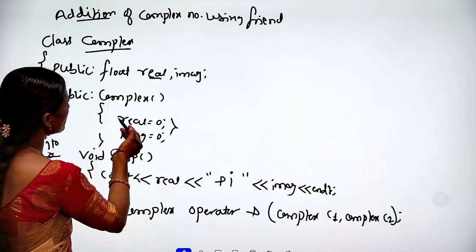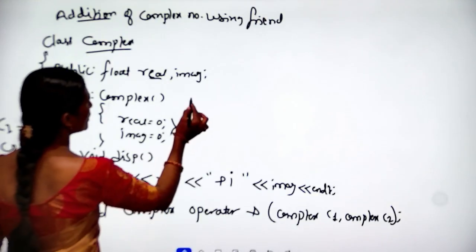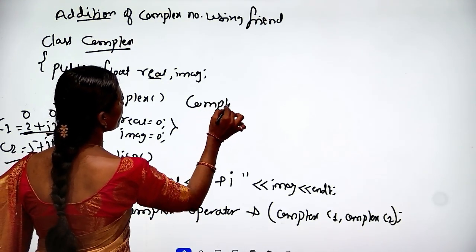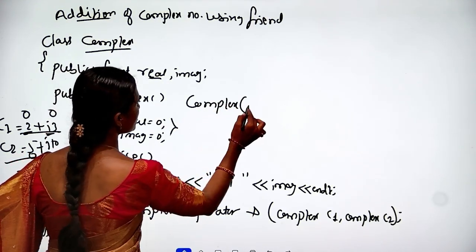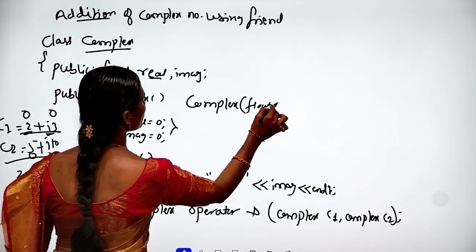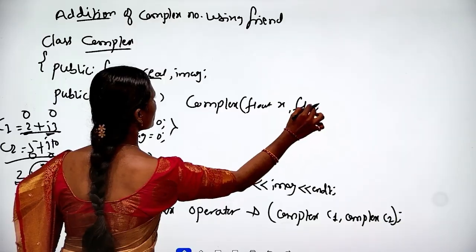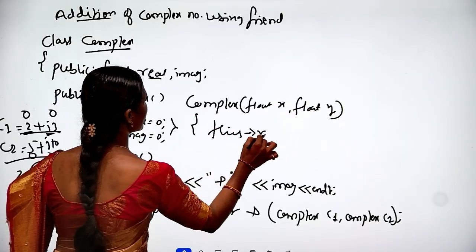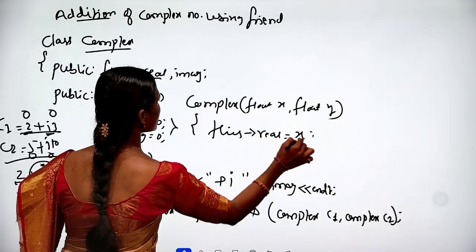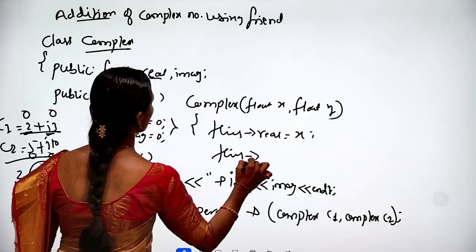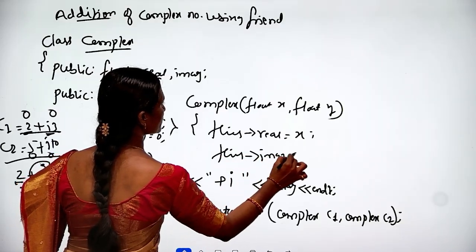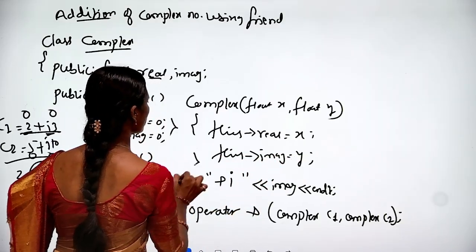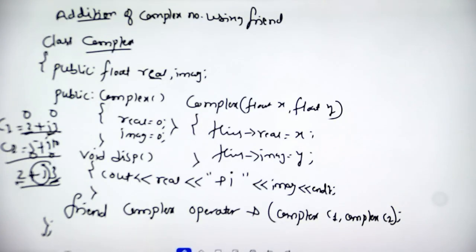I can use one more, like constructor overloading, where we take two values, float x and float y. So this dot real is equal to x and this dot imaginary is given y. So we can take this as a constructor also.